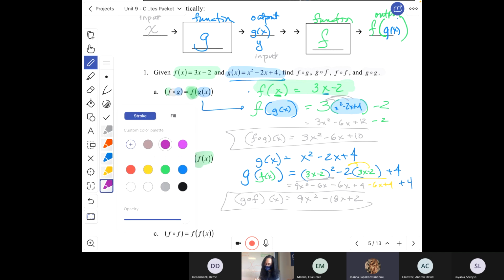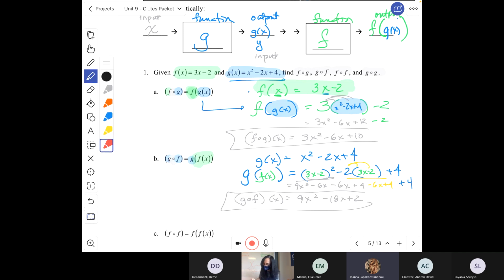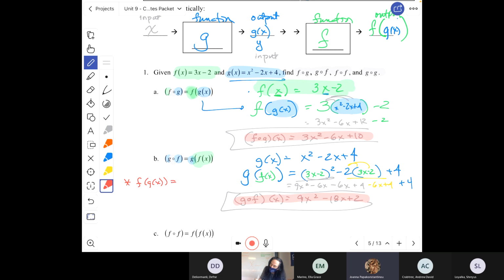So if you notice, f composed with g in this case didn't equal g composed with f. They are not necessarily the same. So I want to point out f of g of x does not necessarily equal g of f of x. Not always true, but it can be.